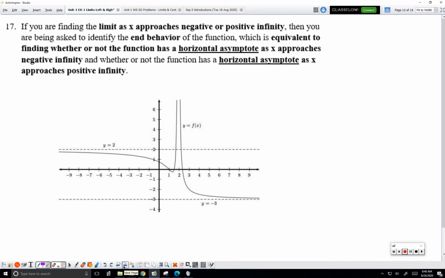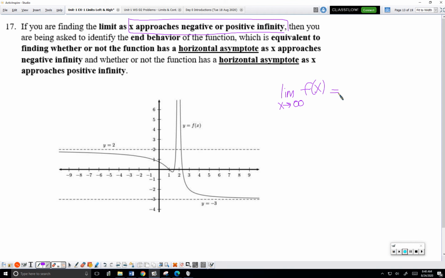And then the last thing is horizontal asymptote. If we are asked to find the limit as x approaches positive or negative infinity, like the limit as x approaches infinity for this function f, that's no different than what you previously were told is end behavior.